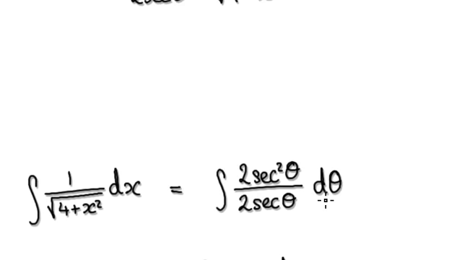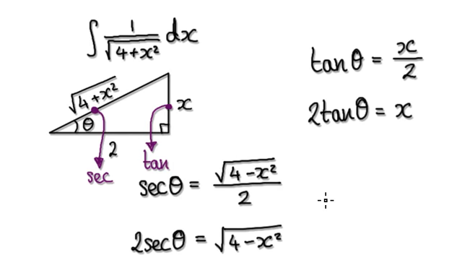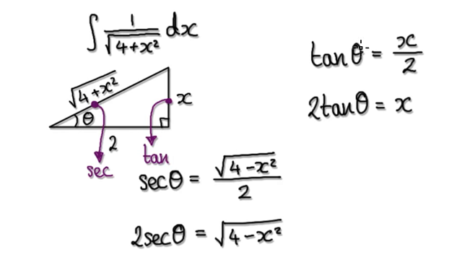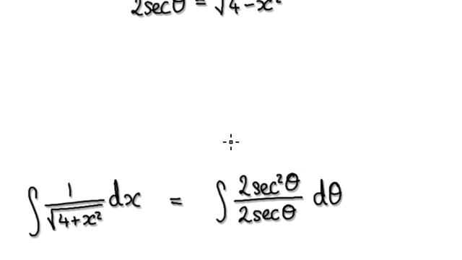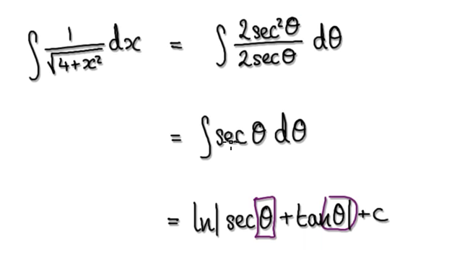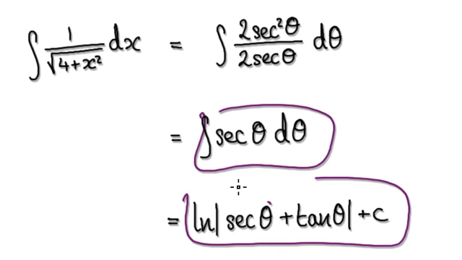So going back up here, we said tan theta equals this thing here, and secant theta equals this thing here. So we can put this into the secant theta down here. So remember, when you integrate this, it will then give you this.